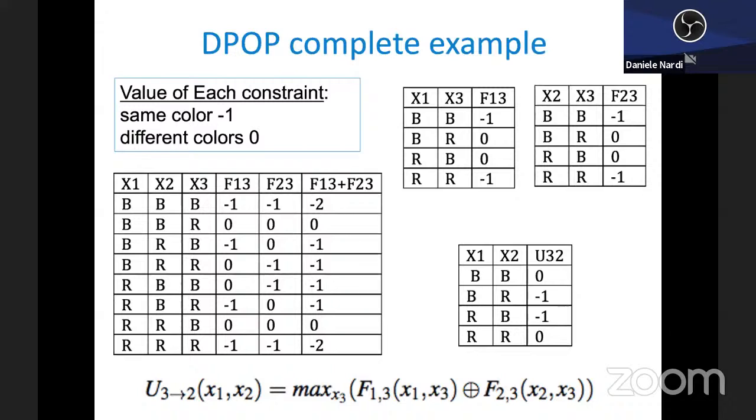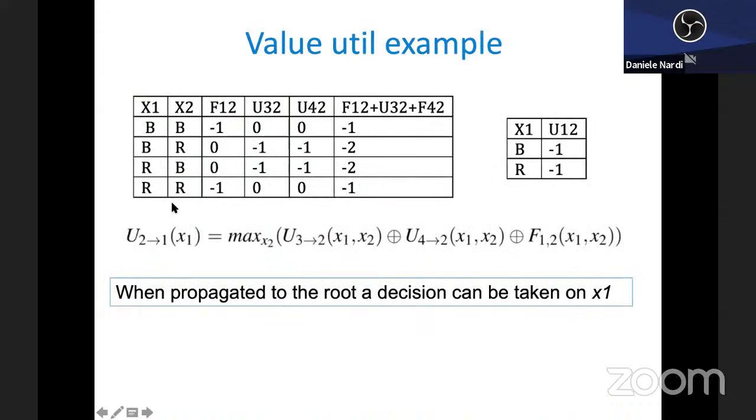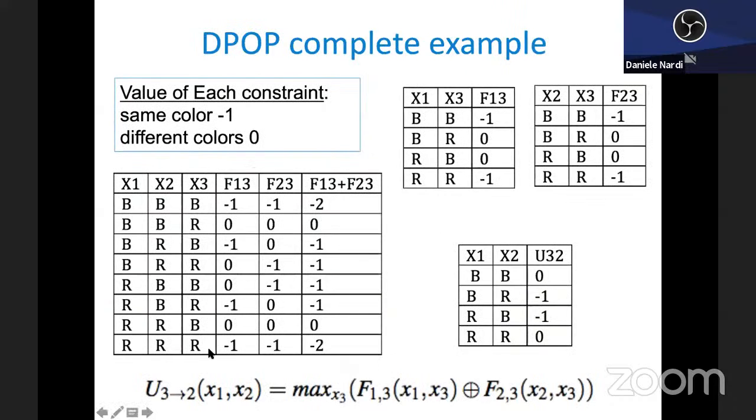And similarly for all the others, we take the combination of, let me see if I can highlight those combinations. Maybe I should be able to annotate. Okay, so here is for the first 2.